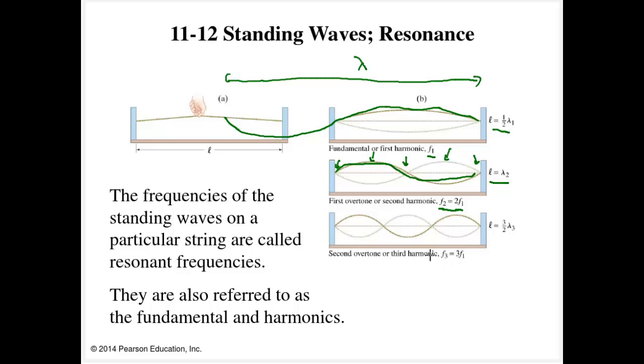Same thing for the third harmonic. It's going to have, in this case, 2 nodes in the middle, the antinodes there, and there. And this is going to have a length of 3 times the wavelength.